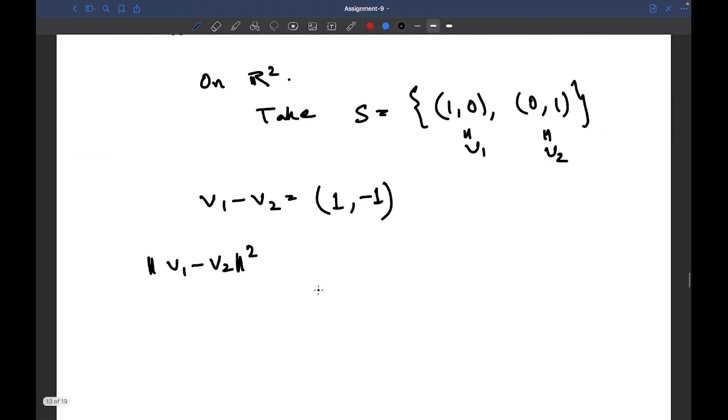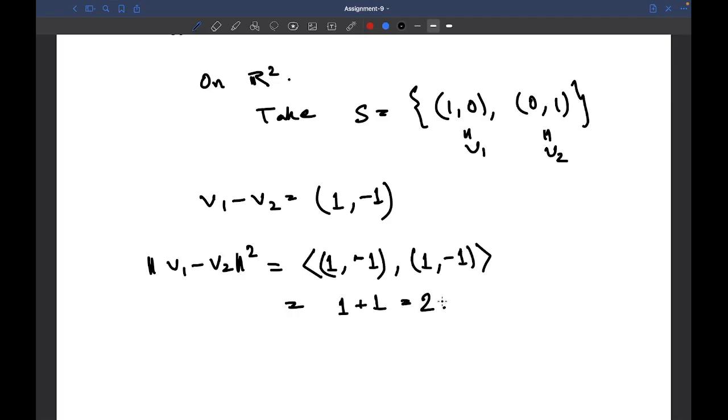So it is the inner product of (1, -1) with (1, -1). So it will be 1 plus 1, which means 2, right?